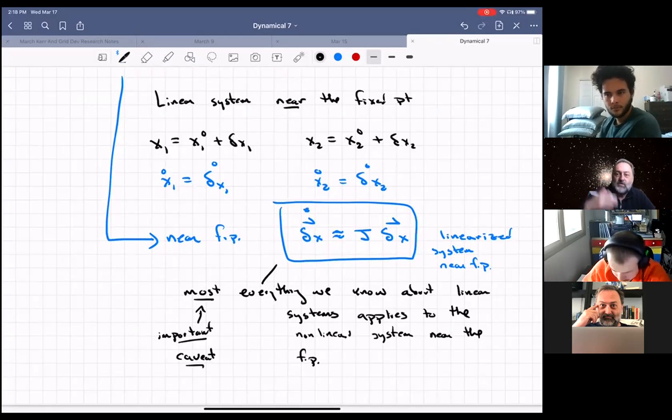So once you've linearized the system, there are these nonlinear terms that you're leaving out. So the question is, are those nonlinear terms important?